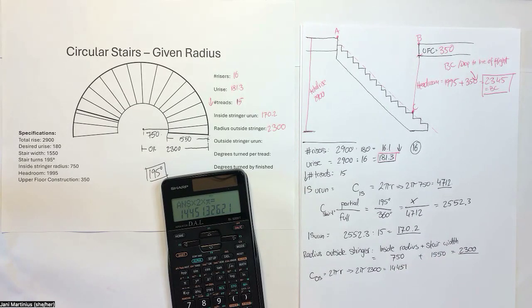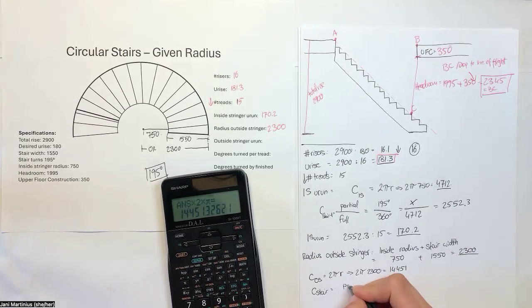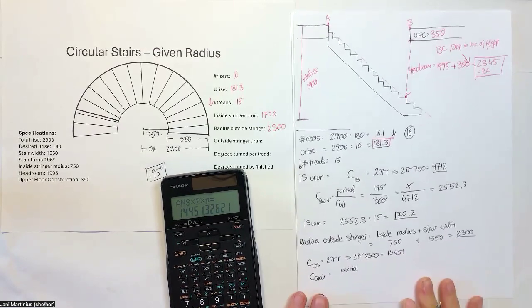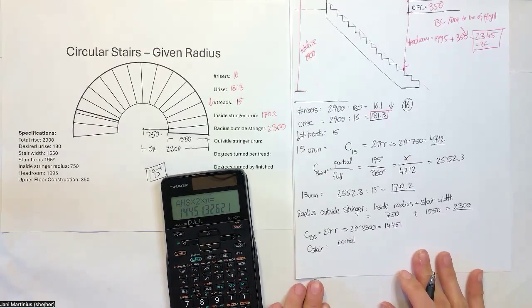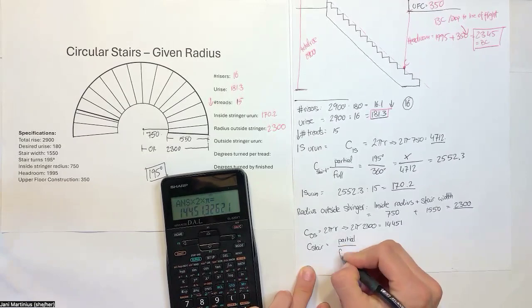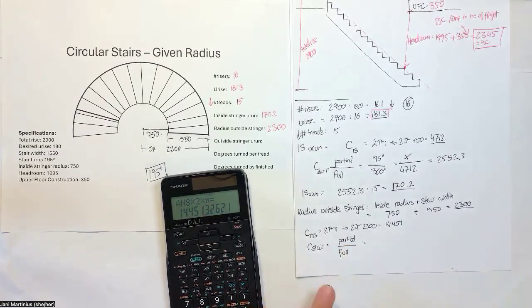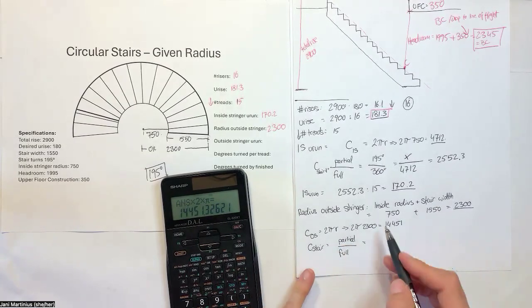Awesome. Now, to find the circumference of our stair, we can do ratio and proportion again. We'll do partial over full, same as above.